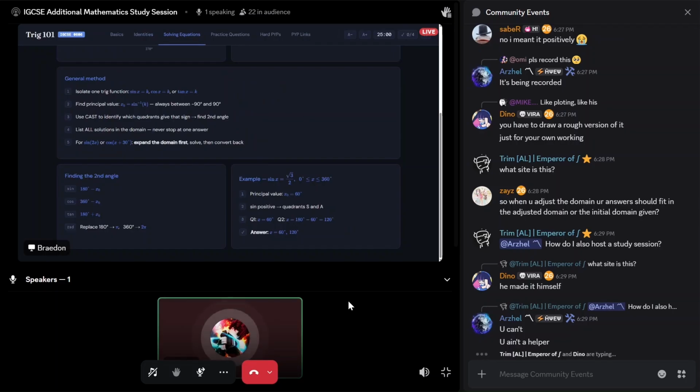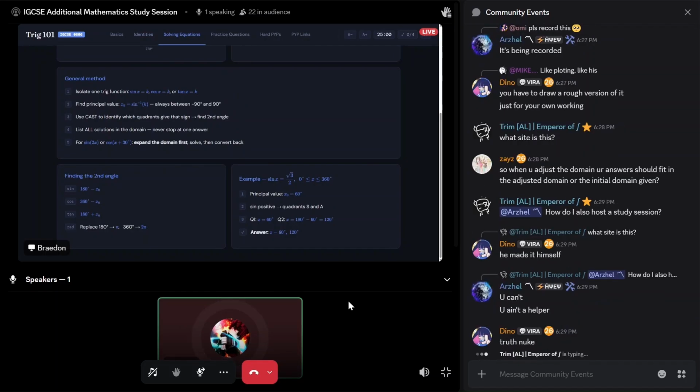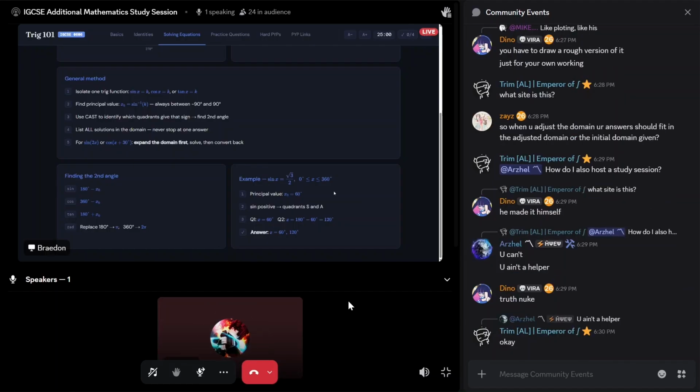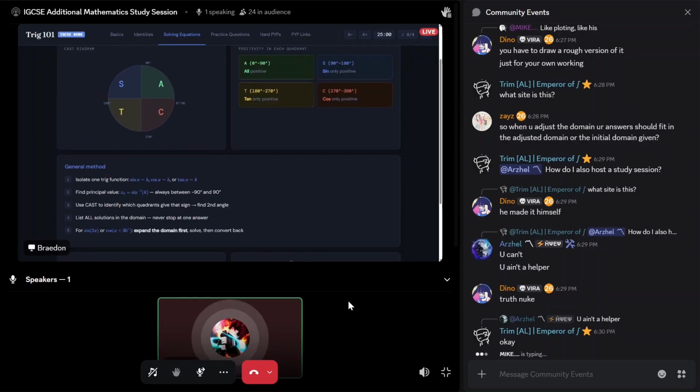But usually the questions might have more than two answers, so you have to check again. Here's an example: sine x equals square root 3 over 2. The domain is between 0 and 360. The principal value here is 60. Since this is sine, we go back up to ASTC.